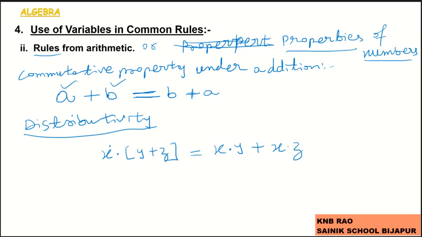We learnt it as multiplication over addition, distributivity. Here again I am using variables x, y and z. So these are the uses of variables where we use them in forming formulae in geometry or properties in arithmetic. Now children, coming to the questions of exercise 11.2.